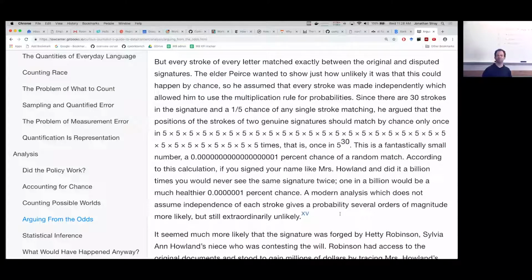So his argument was that it is very unlikely that if Sylvia Ann Howland signed her name, she would sign it exactly the same on 2 different documents. And we know that from looking at the variations on her real signatures.